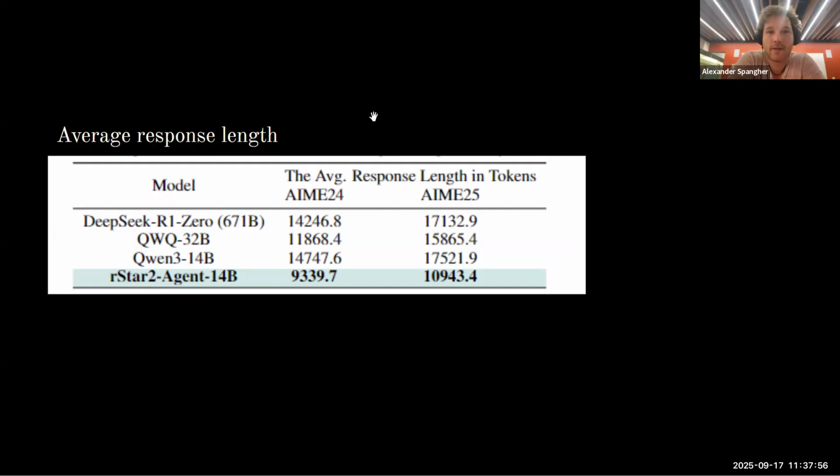I suppose the infrastructure could be generally helpful for all tool use agents, to have better scheduling during training processes. Maybe that's just obvious, that it's going to help everything. But also on the infra side, they did note that they started off with the VERL library.